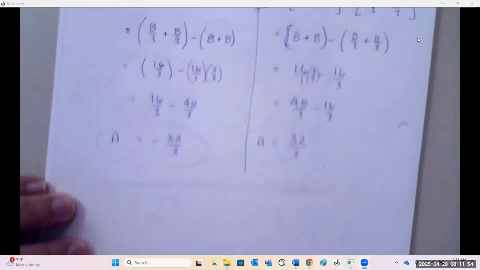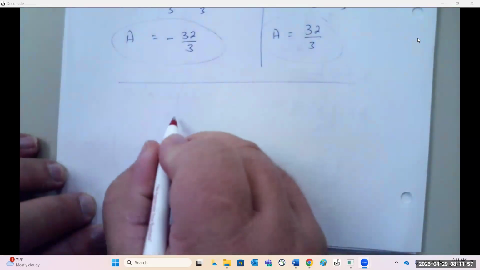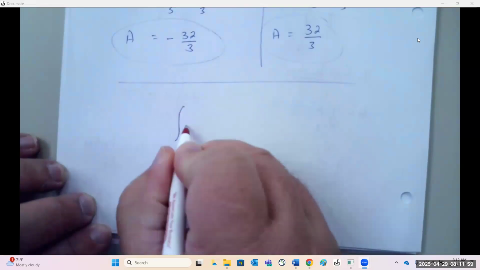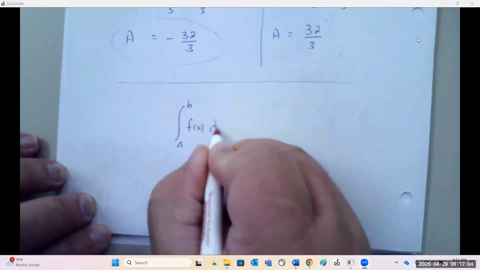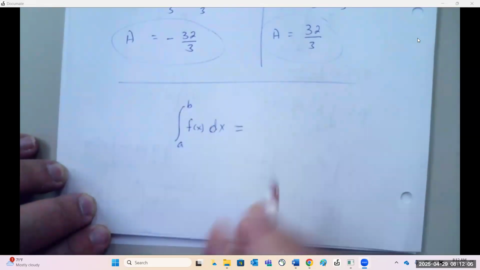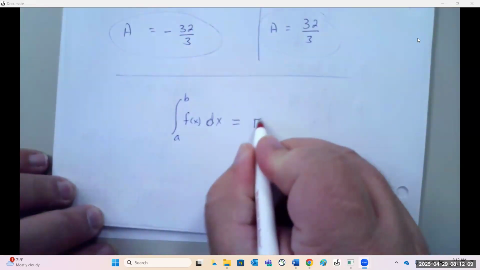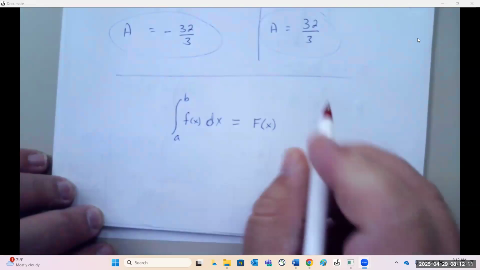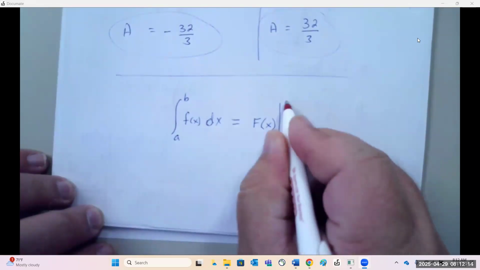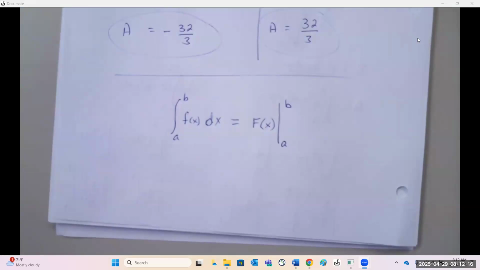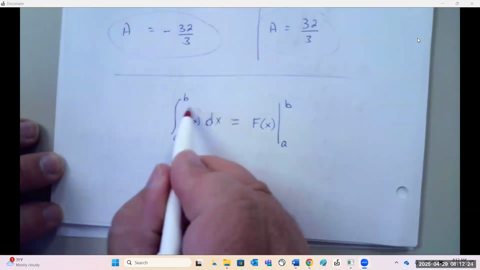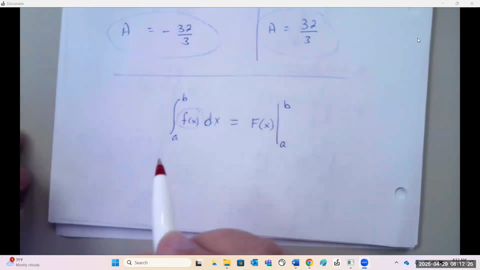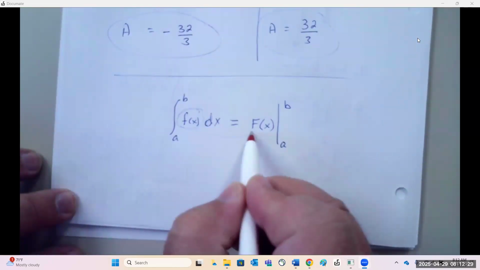Now, to review this, once we take the integral, so the integral of f of x, remember, f of x is the derivative of this function.